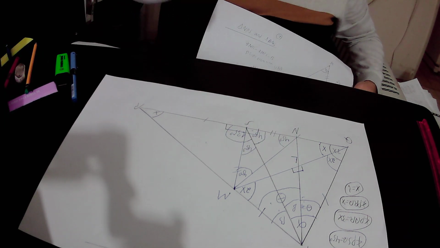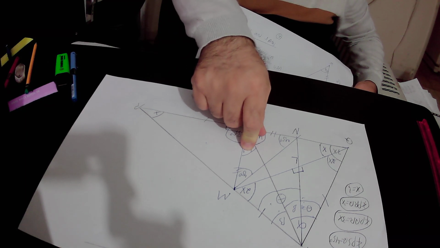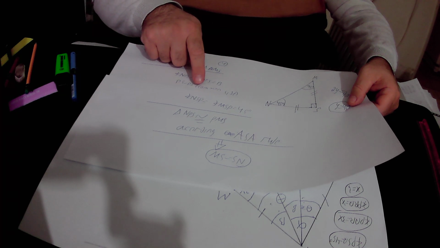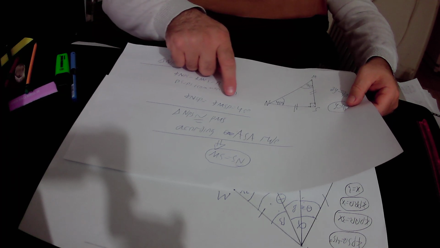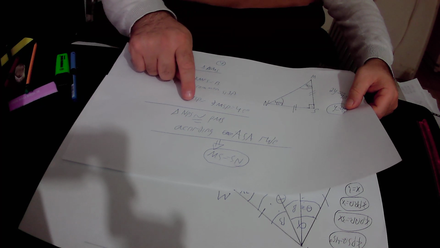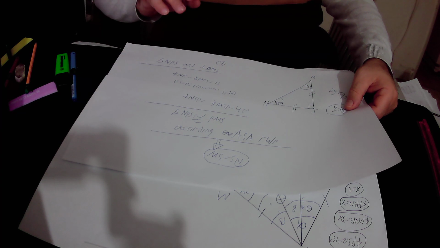It is a common side that belongs to both triangles, and we have those two angles that are both equal to 45 degrees. Angle NSP equals angle MSP equals 45 degrees. So we proved the triangle NPS is congruent to triangle PMS according to the angle side angle rule.